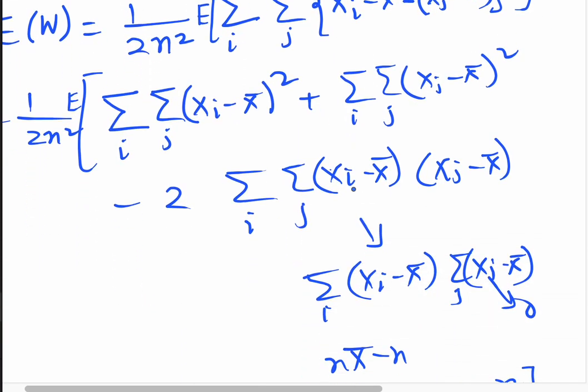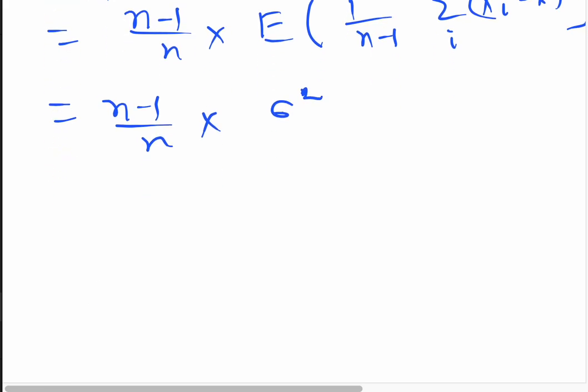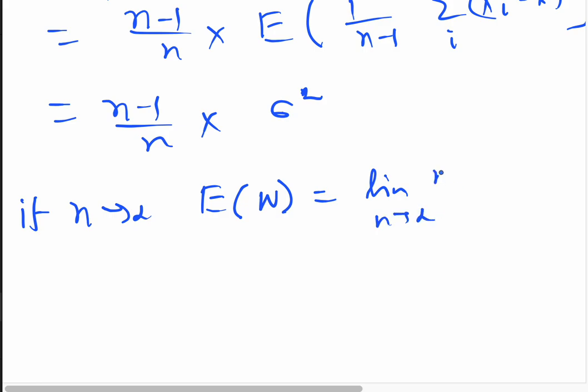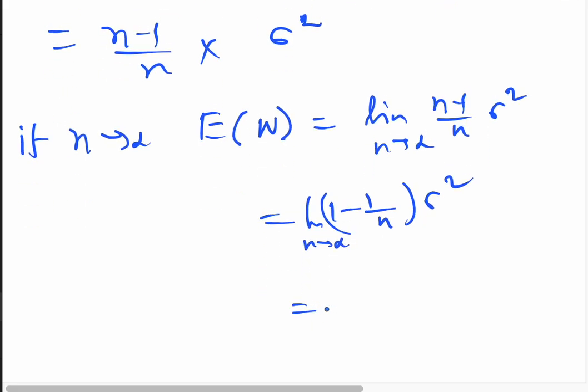So to check the consistent estimator, as n tends to infinity, expectation of w, that means limit n tends to infinity, n minus 1 by n sigma square, that is actually 1 minus 1 by n sigma square, limit n tends to infinity. So this is sigma square.